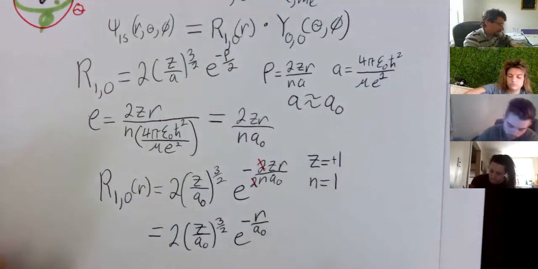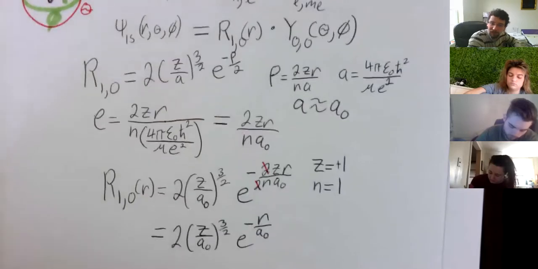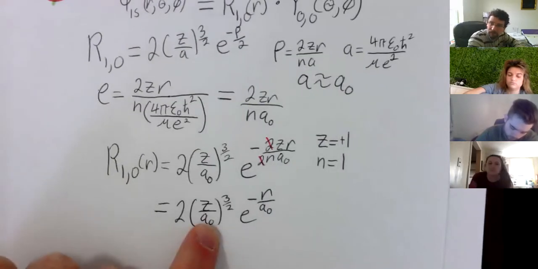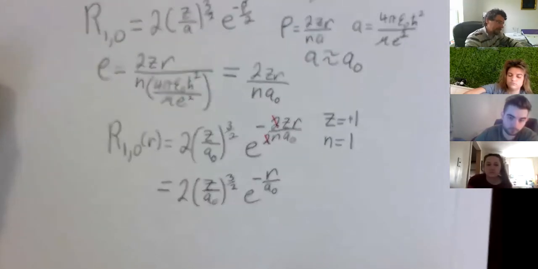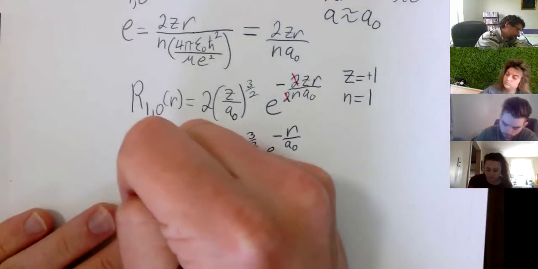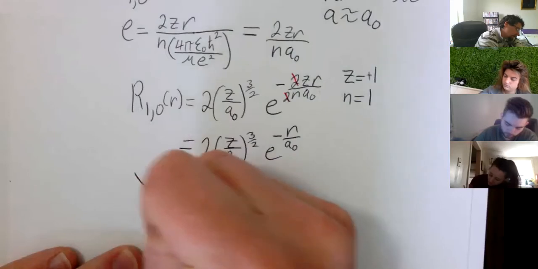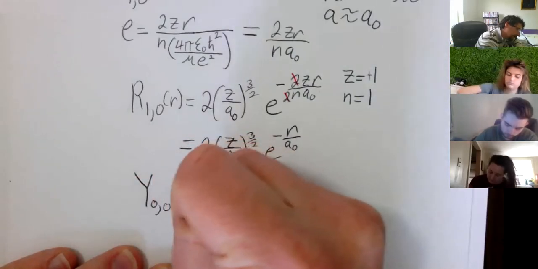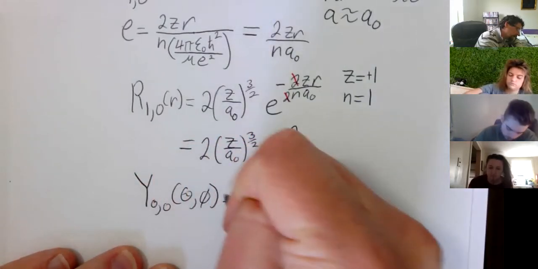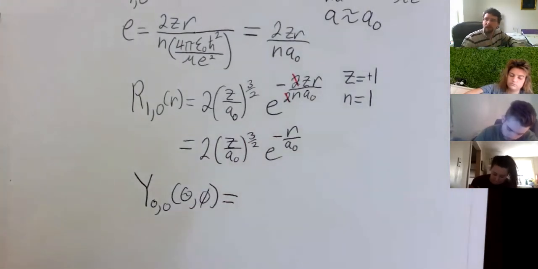Cool. So we've taken this extremely complex expression and we've distilled it down to this. Okay, so that's the radial part, right? And now we have to deal with the angular part. Theta, phi. I think you guys can look that up. Does anybody have that table near them or open right now?